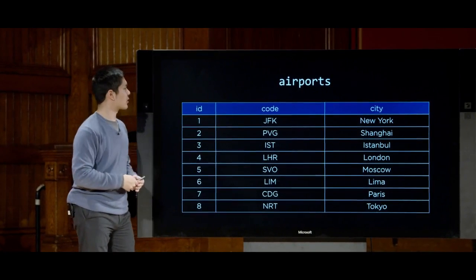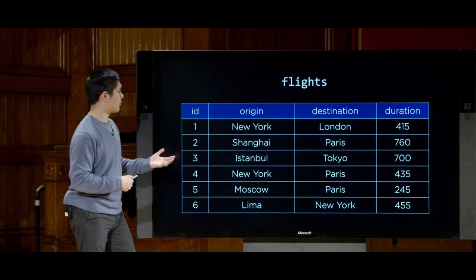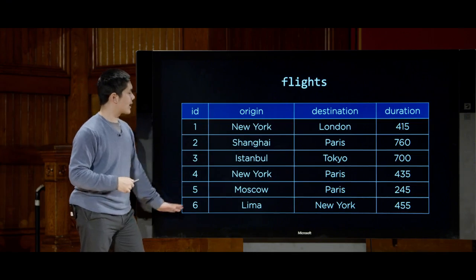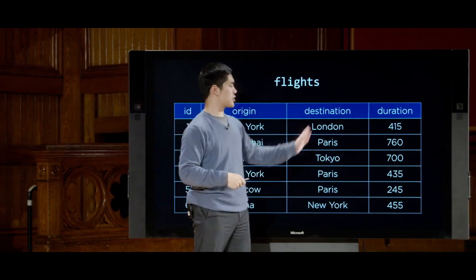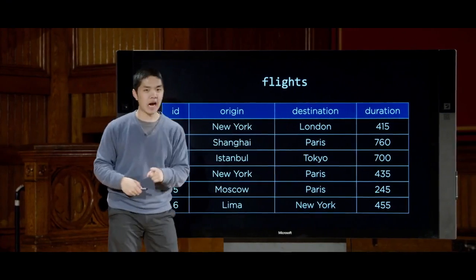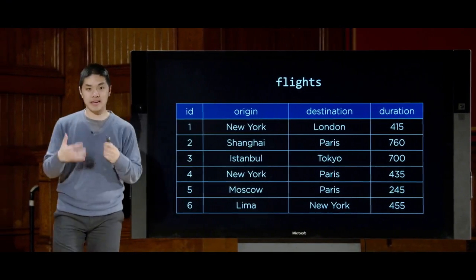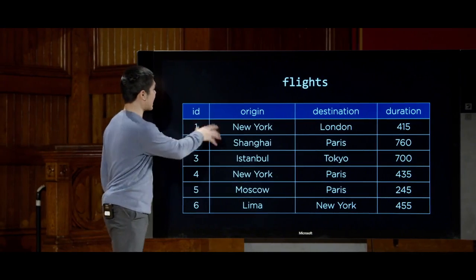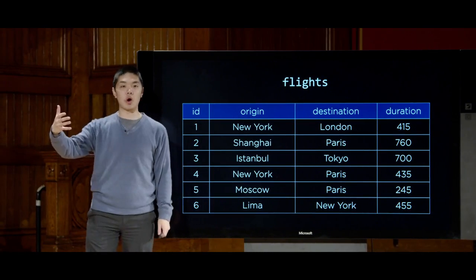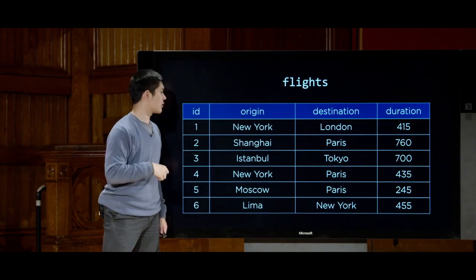And the question becomes, what happens to my flights table? My flights table had an ID, origin, destination, and duration, where the type of origin and destination were just text, representing the name of the city from which the flight is departing or to which the flight is arriving.